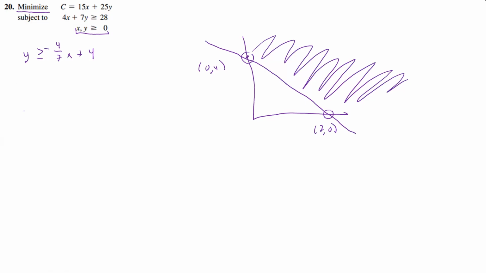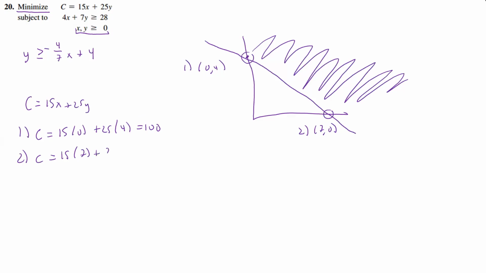And so we're going to look at our cost function, which is 15x plus 25y. Let's call that one 1, and that one 2. For 1, our cost is 15 times x, which is 0, plus 25 times y, which is 4. So that equals 100. For 2, our cost is 15 times 7 plus 25 times 0, and that's 105.